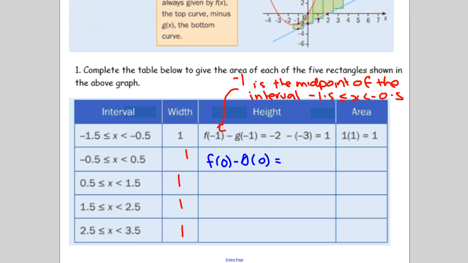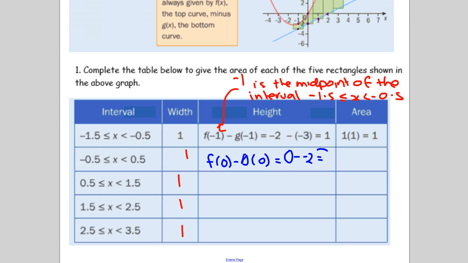So that's 0 minus -2. f of 0 is 0, and g of 0 is -2. We subtract because we're finding the difference. The difference will tell us the height of the rectangle. So 0 minus -2 is +2.